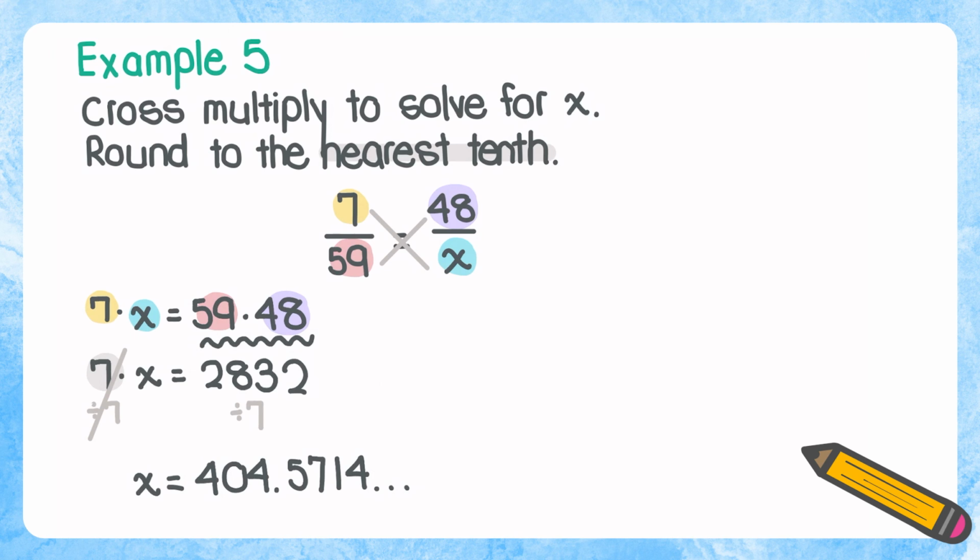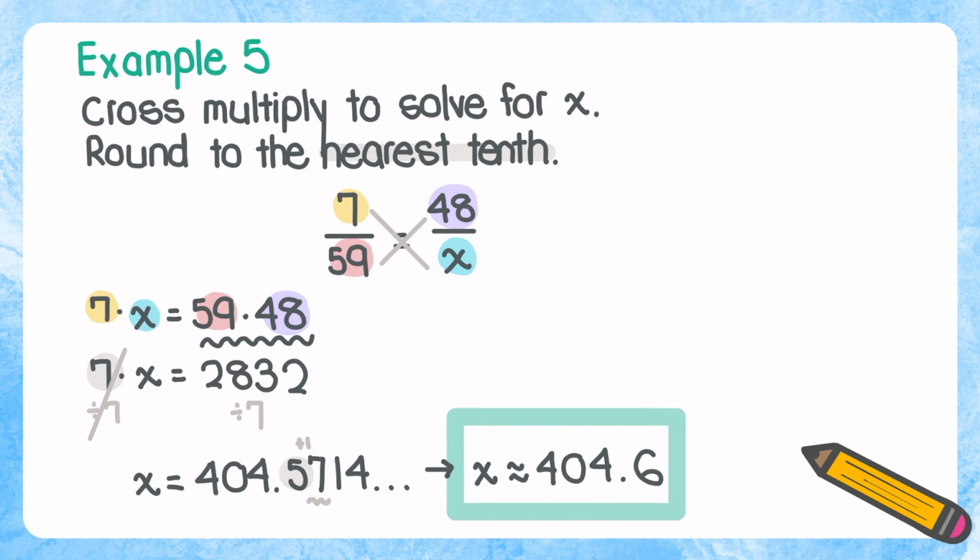But we're going to simplify this by rounding to the nearest tenth. Notice here, we will have to round up. So x is approximately equal to 404.6. Remember, when you round up, you have to increase that last digit by 1.